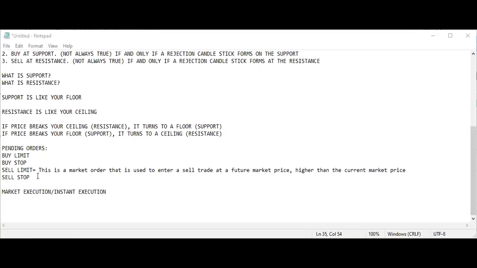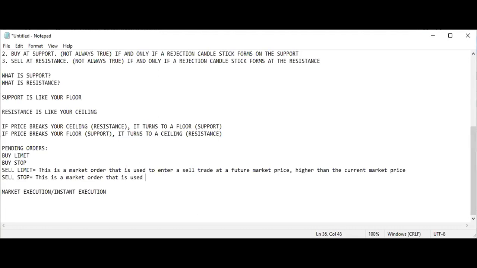Now what is sell stop? Sell stop is a market order that is used. Sell stop is the opposite of sell limit, all right?